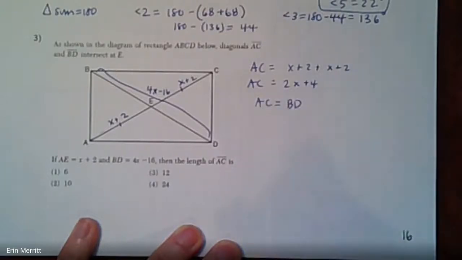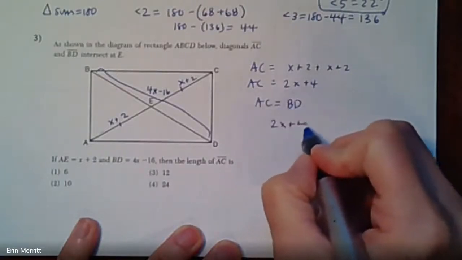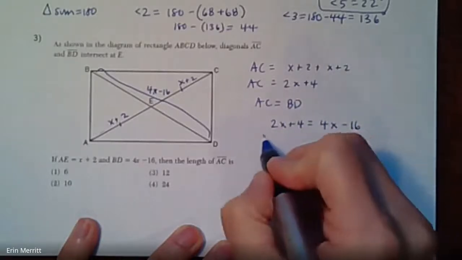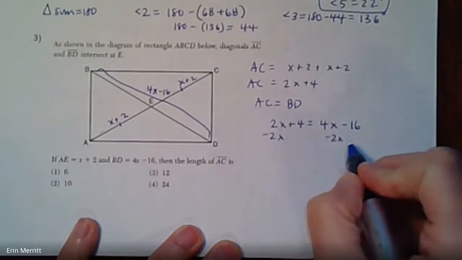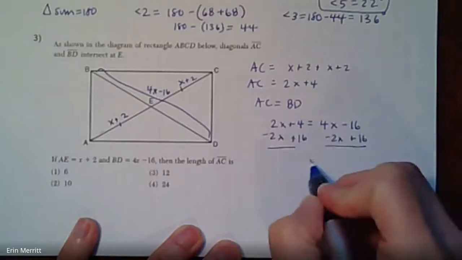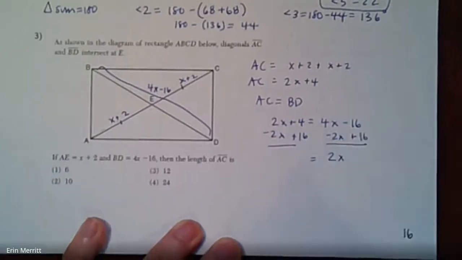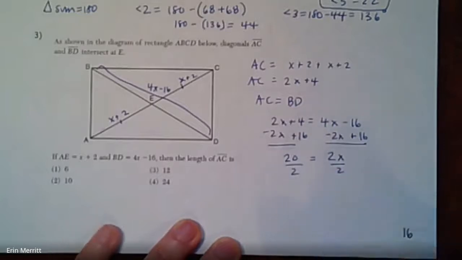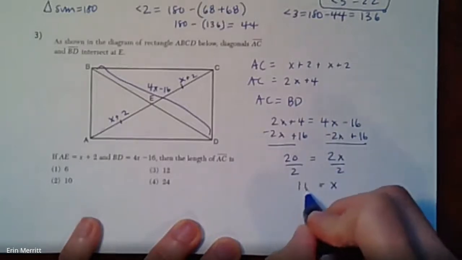So let's set up that equation. So 2x plus 4 has to equal 4x minus 16, and then we can solve. So subtract that over. I'm going to add 16 in the same step to cut down on my work here. That'll leave me with 2x here, 20 over here, and then we divide by 2. X comes out as 10.